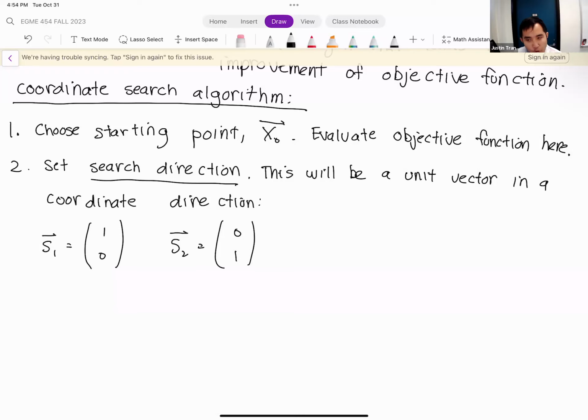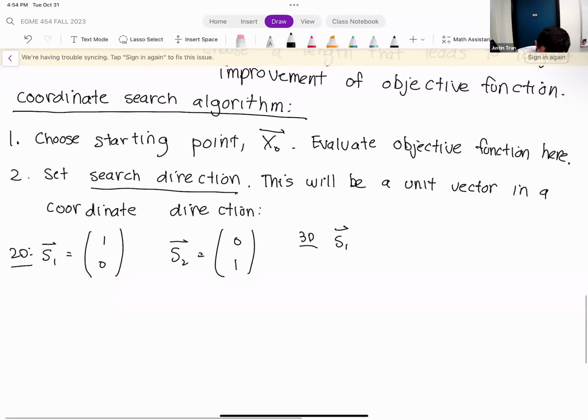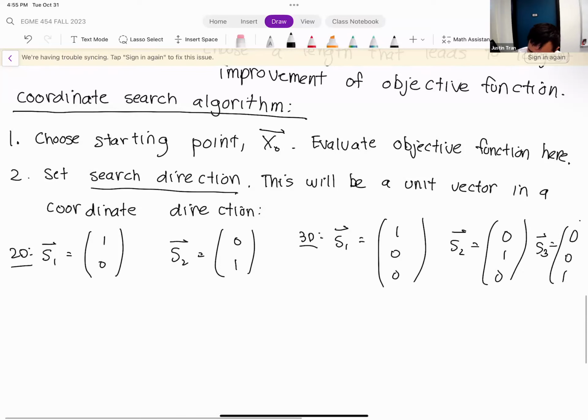Of course, if you have more than two variables, you're going to have to scale this up. So for a 3D case, S1 is going to be (1, 0, 0), S2 is going to be (0, 1, 0), and S3 is going to be (0, 0, 1).